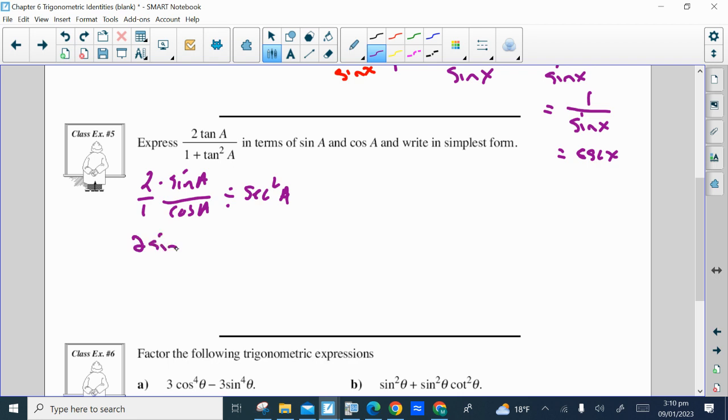So this will give us 2 sine A over cos A divided by secant squared, which is 1 over cos squared A. Secant is 1 over cos. And to divide by a fraction, you multiply by the reciprocal.